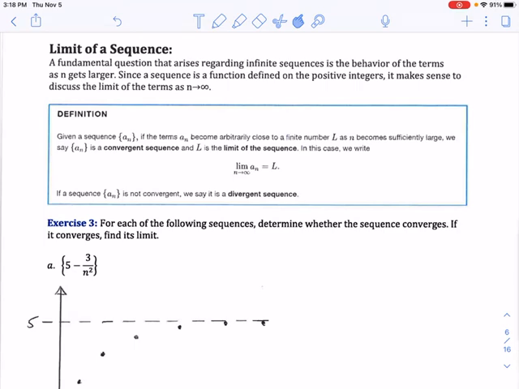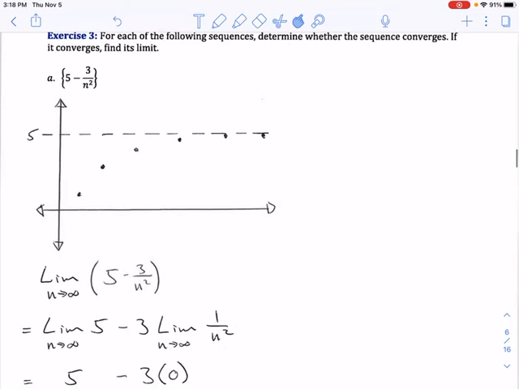So let's take a look at this first example. First of all, I've graphed this sequence. I didn't show the table of values, we know how to do that, but I actually did it in Desmos. So we get these discrete points.